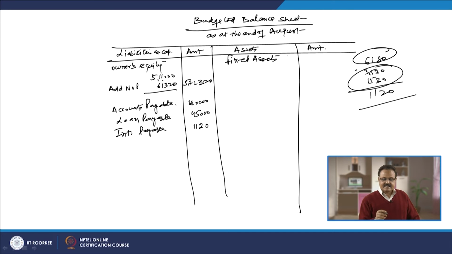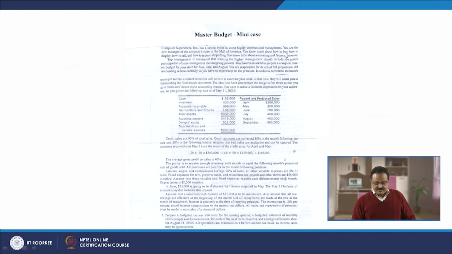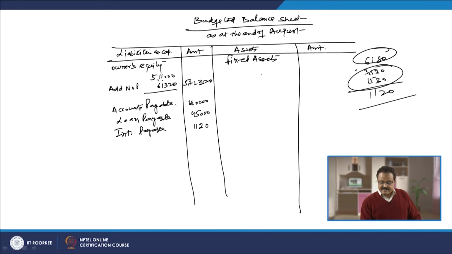If you take the fixed assets, go back to the case, how much fixed assets are given to us? We are given the fixed assets here somewhere, total assets. So, accounts receivable, furniture and fixtures is 1,68,000. So, if you talk about the total assets, you can call it net furniture and fixtures, that is 1,68,000. So, fixed assets are 1,68,000, put it here in the inner column, less depreciation.